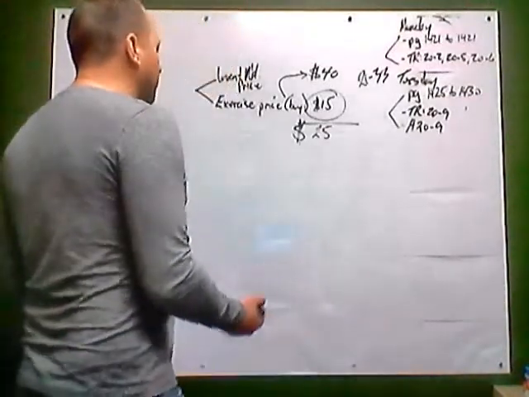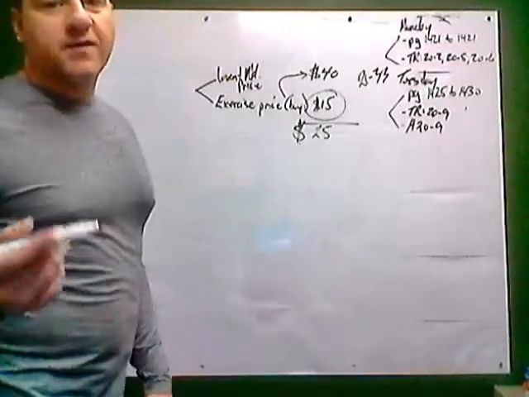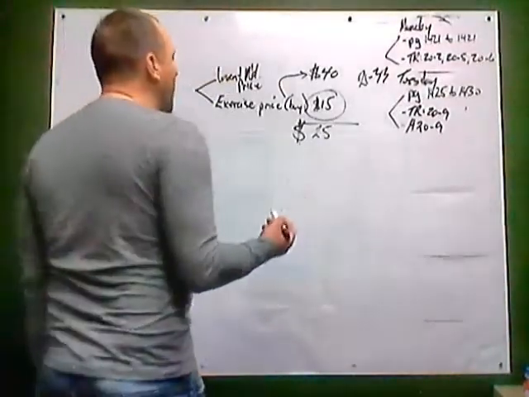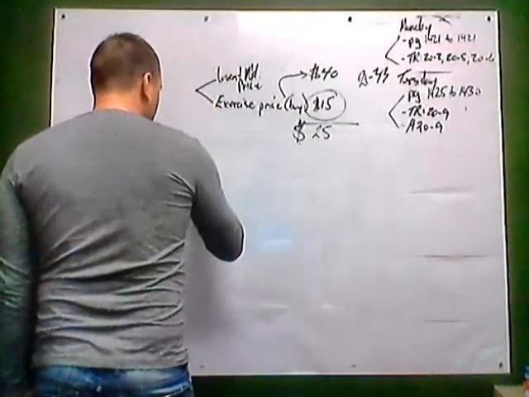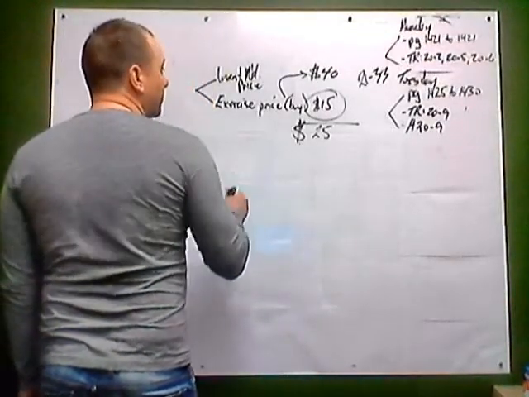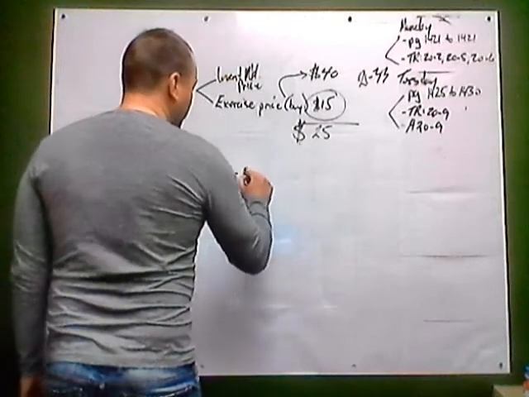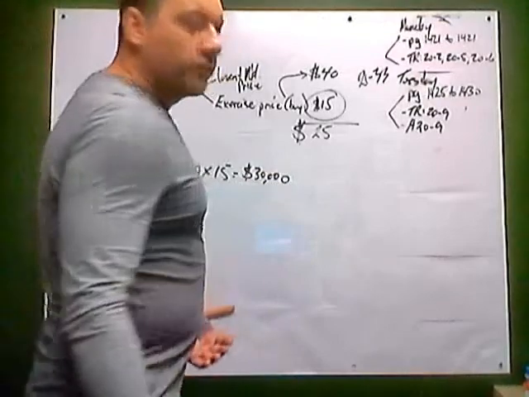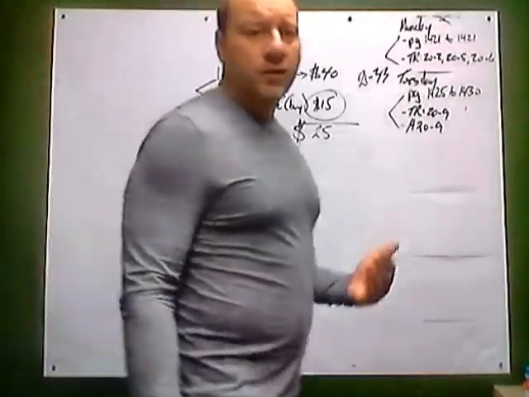So in this case, let's just say that management decides we're going to buy 2,000 shares. So 2,000 times 15 bucks. That's going to be $30,000. So how would a company record that?